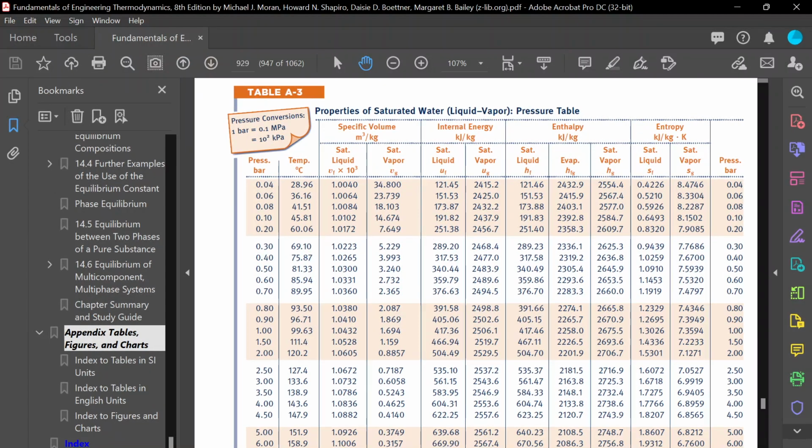Can we look at the table A3 here? Would you be able to assume that it is because of the temperature range that you're in?